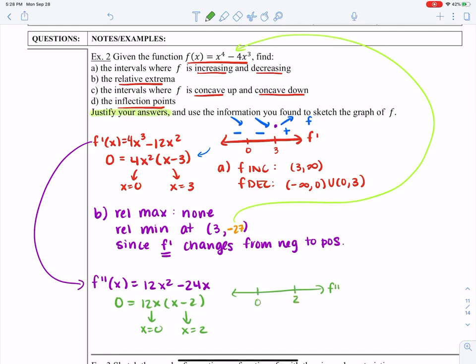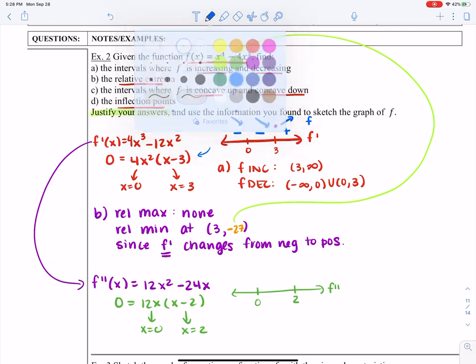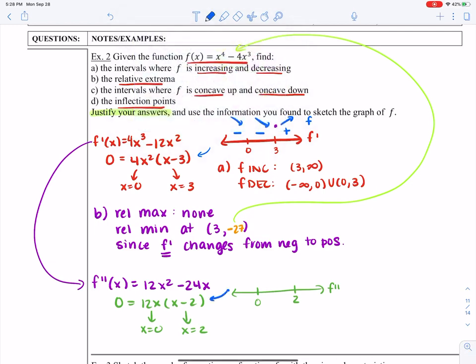Now, these are not your critical numbers. These are numbers for concavity. So we're going to make a number line, and we're going to label that number line second derivative. We're going to put 0 and 2 on it.